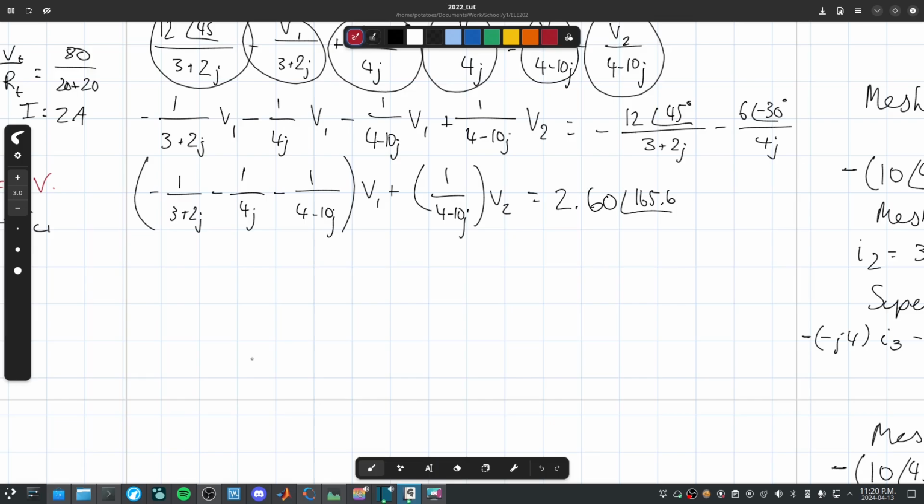And we'll put that into polar format. So you get 0.414 with a phase angle of 130 degrees, V1, plus, and we're just going to put this in phasor form too.